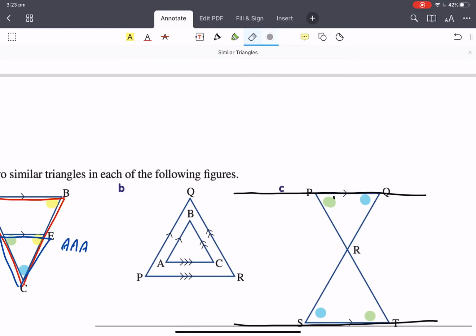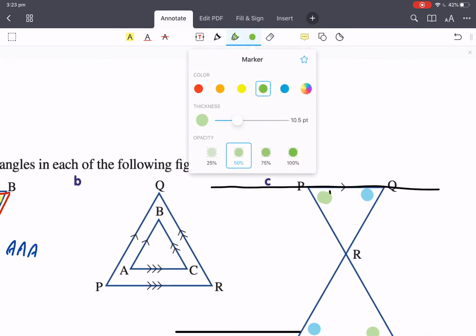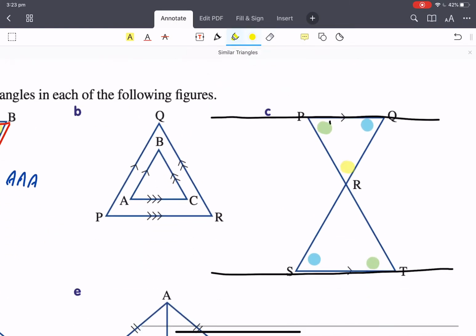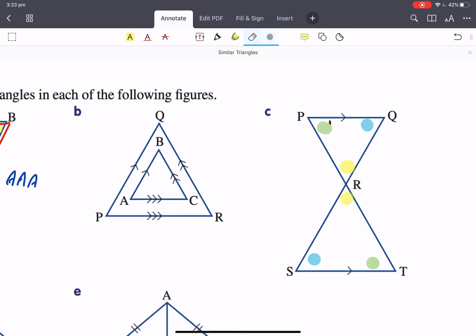And in the middle, vertically opposite angles are the same. So guess what we can say about those two triangles? They are similar because of angle, angle, angle.